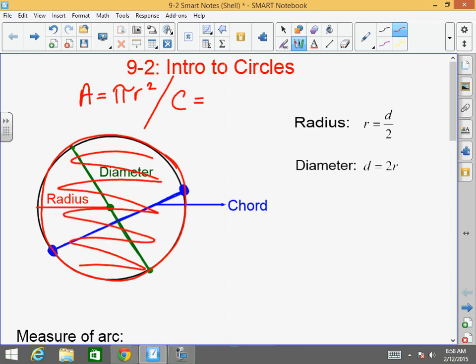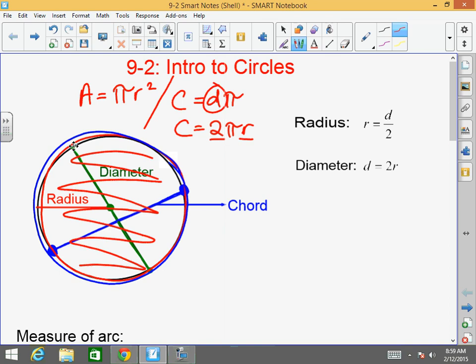The space inside of it is the area, but the distance around that circle is the circumference. And circumference is equal to diameter times pi, or 2 pi r, because 2 times radius is the same thing as the diameter.